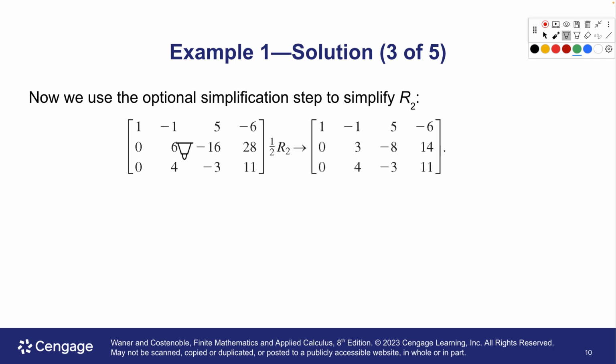So 6 divided by 2 is 3. -16 divided by 2 is -8. 28 divided by 2 is 14. So we do that just to reduce it down. Again, not necessary, but it just is going to make it a little easier for us. Okay, smaller numbers to deal with.